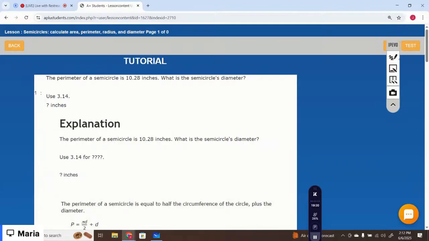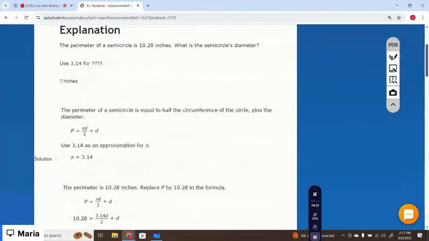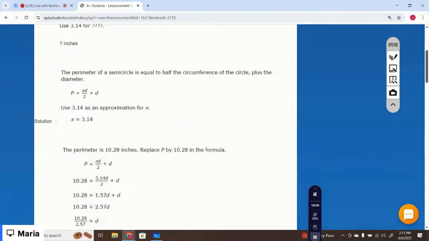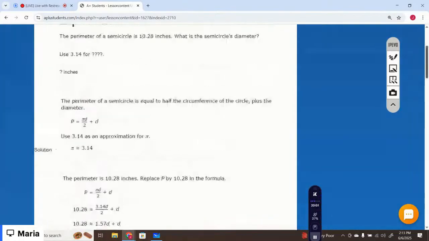What is the semicircle's diameter? The perimeter of the semicircle is equal to half of the circumference of the circle plus the diameter. Half of the circumference is pi d divided by 2, plus d. So the given perimeter is 10.28, equals 3.14 d divided by 2 plus d. That is d equals 4.